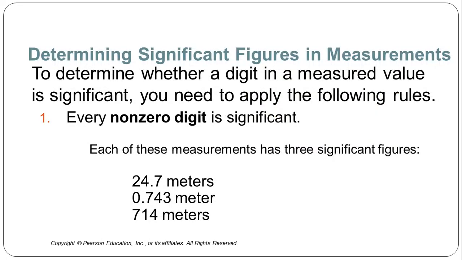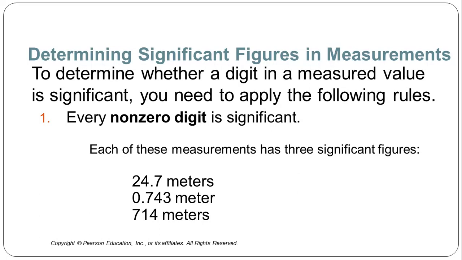In determining significant figures in a measurement, to determine whether a digit is significant, you need to apply the following rules. First, every non-zero digit is significant. All digits from 1 to 9 are significant. So each of these measurements has 3 significant figures.